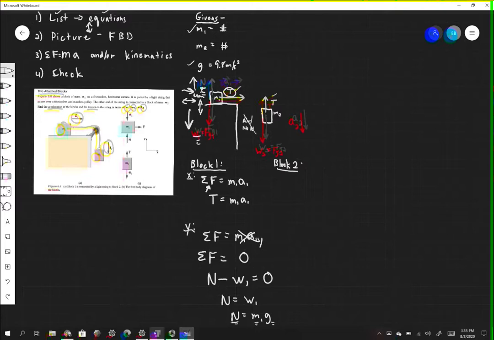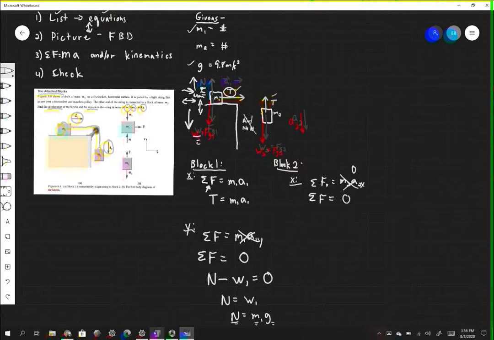So let's do the same process, same exact procedure for block number 2. For block number 2, we look at the x direction, and we see sum of forces in the x direction for this is mass 2 times the acceleration of block 2 in the x direction. There's nothing moving in the x direction. So sum of forces in the x direction for block 2 has to be 0.